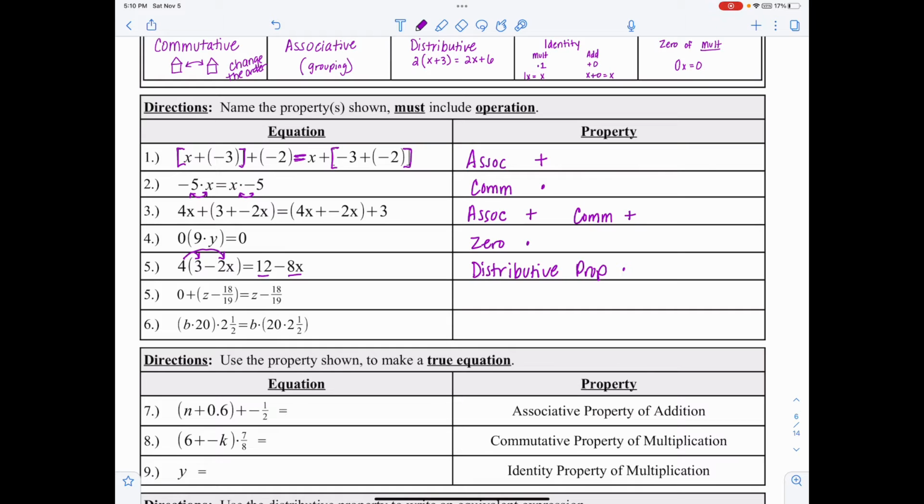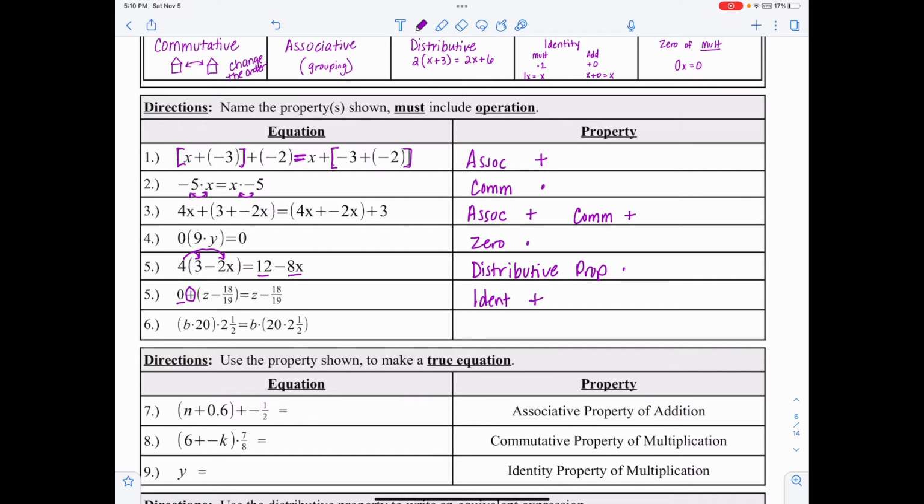Okay. All right, the next one, let's go ahead and look at this. I see a 0 plus, and the other one doesn't have a 0, so I'm pretty sure they're representing the identity property, and if we look at the operation, it's the identity property of addition. Okay. All right, and then the next one, we definitely have parentheses moving around.